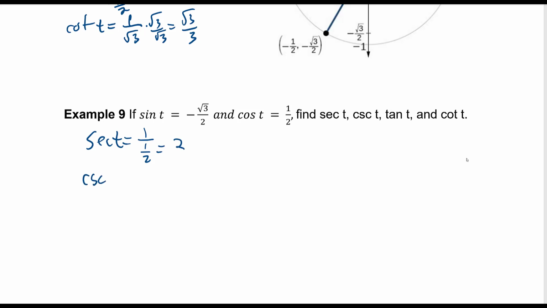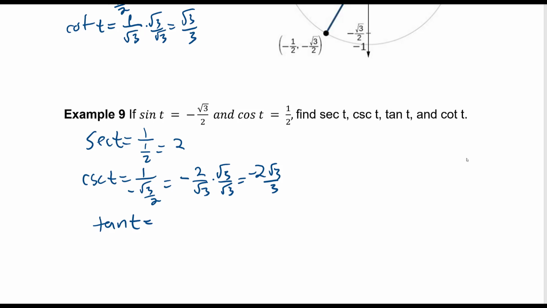For cosecant t, it's 1 over sine, so negative 2 over square root of 3, which, as we saw in the previous problem, is negative 2 root 3 over 3 if we rationalize the denominator. Tangent t is negative square root of 3 over 2 divided by 1/2, so negative square root of 3 over 2 times 2 over 1. So negative square root of 3.